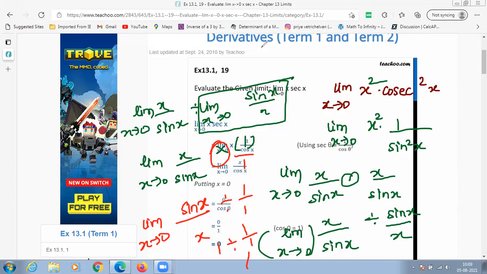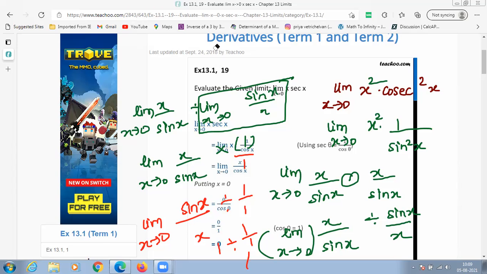Yes, ma'am, understood. This works better because you got 0 by 0. In case you are getting 0 by 0, you have to think about the simplification process and make changes. So this will be easy.